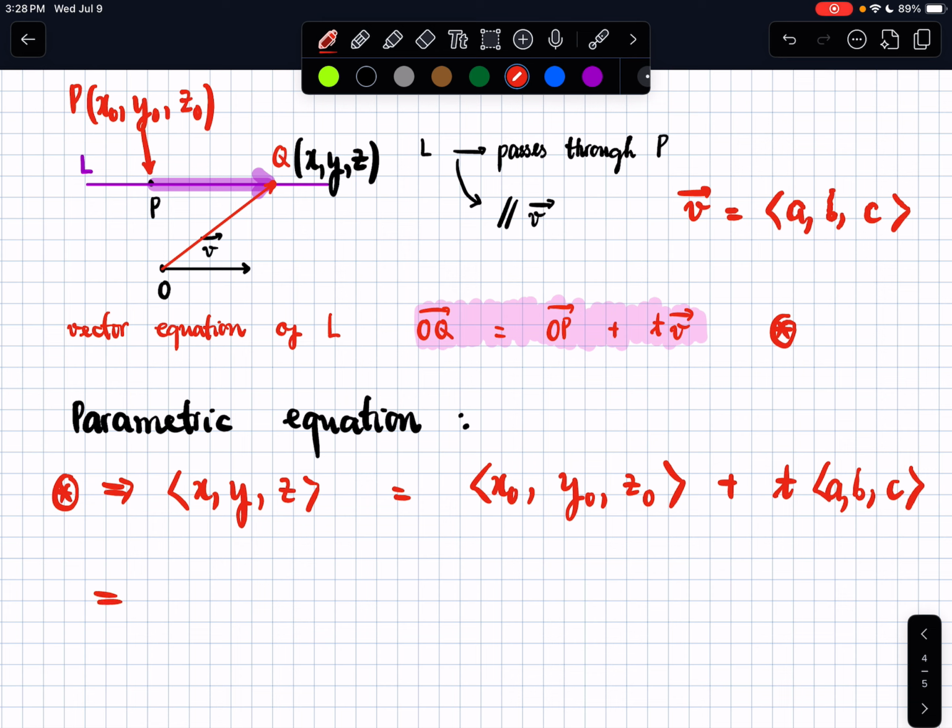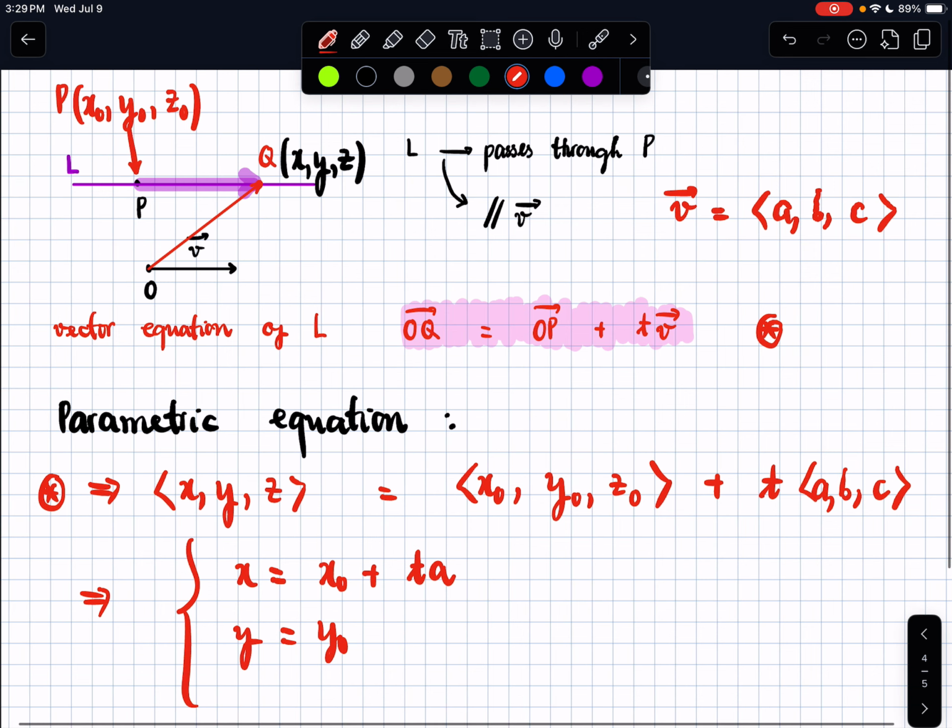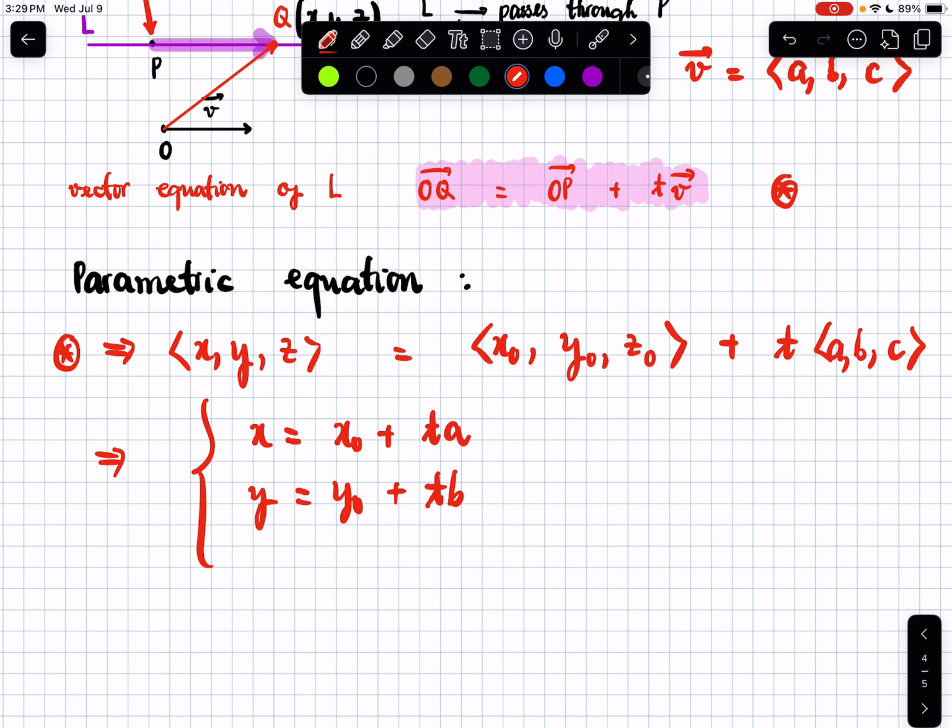This gives us x equals x0 plus ta, y equals y0 plus tb, and z equals z0 plus tc.